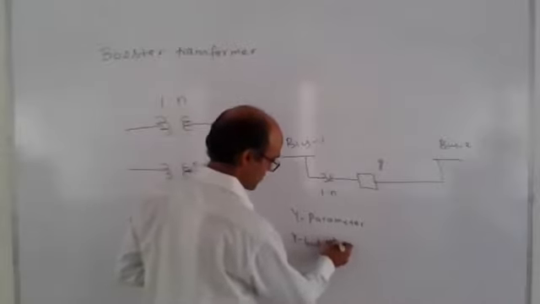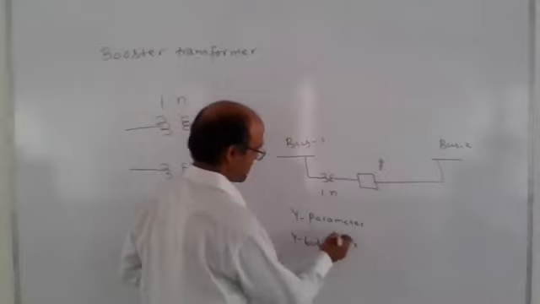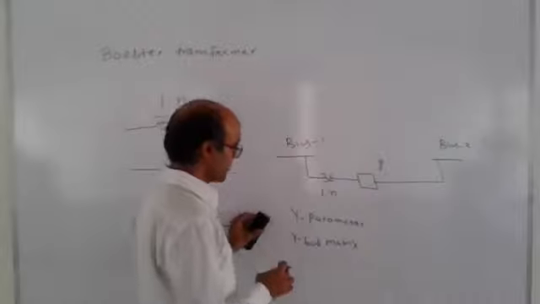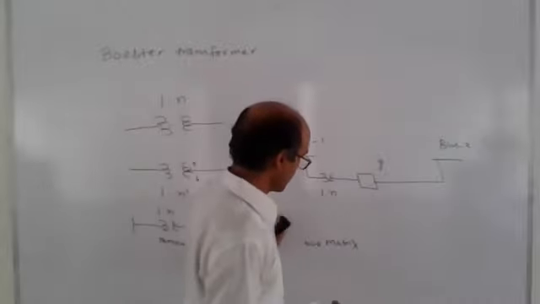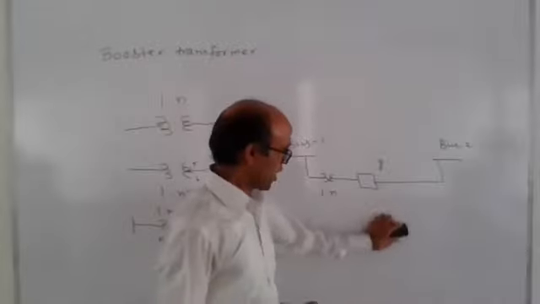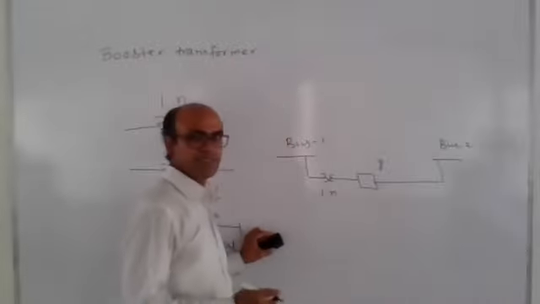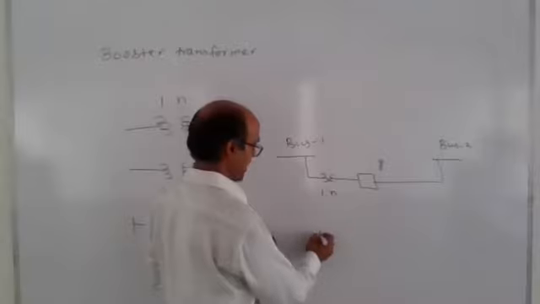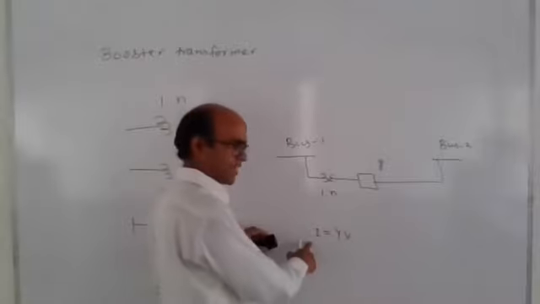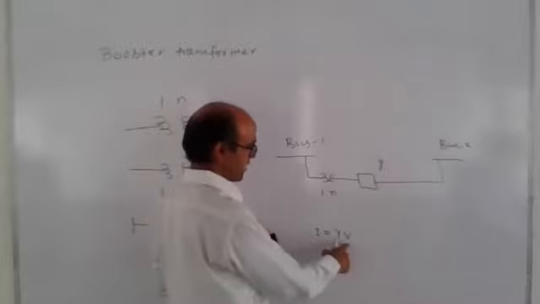Y-bus matrix. This you will study in load flow. Okay. So how do I do it? What is the objective, or how do I find Y-bus? You know the expression I equals Y into V. I is the injected current and V is the voltage.